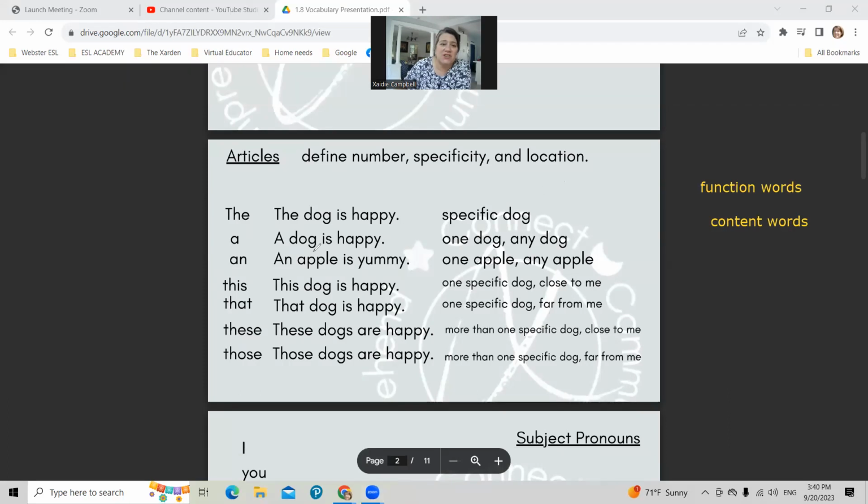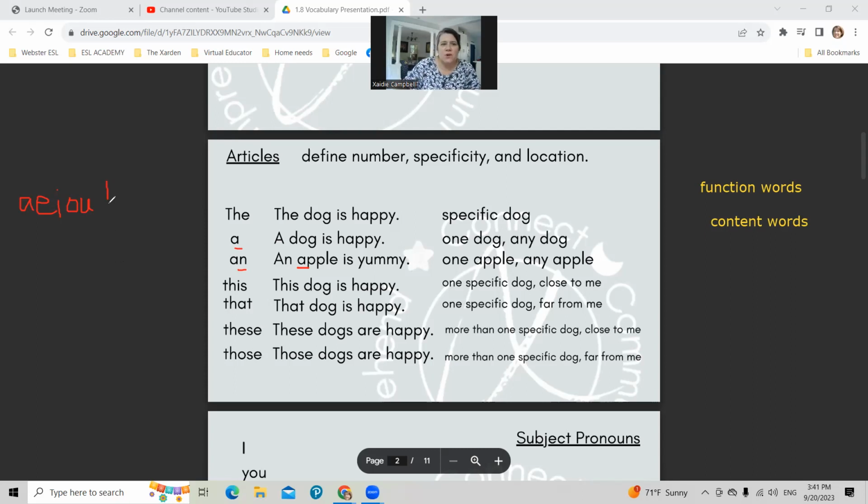The reason I changed the sentence is because we use an when our word here starts with A, E, I, O, U. And be careful, it's not only when the word starts with just those letters, it's when the word sounds like it starts with those letters.